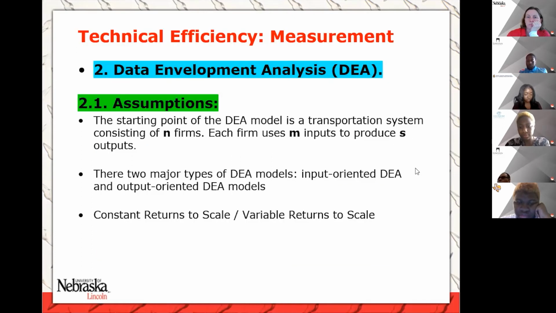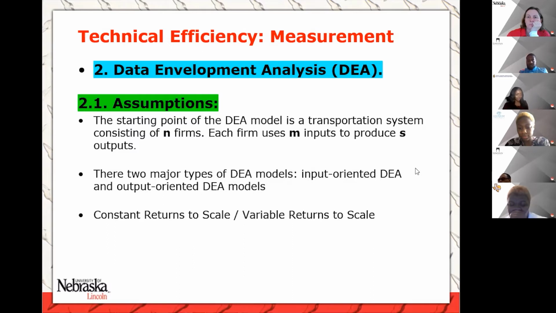The second technique is called data envelopment analysis, DEA, which is a non-parametric method because it doesn't require the specification of a functional form, okay? And it has three assumptions. The first assumption consists of assuming a transportation system consisting of n firms. It can be 2, 3, 4, and so on, okay?